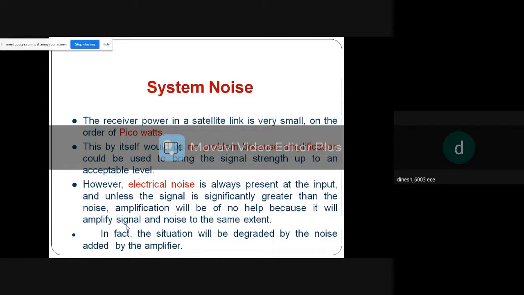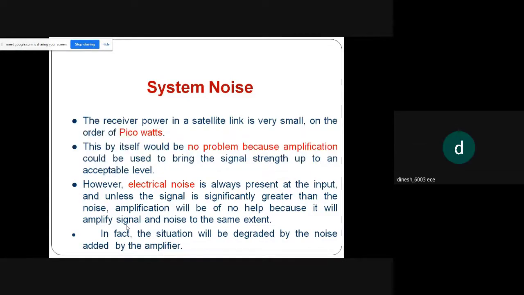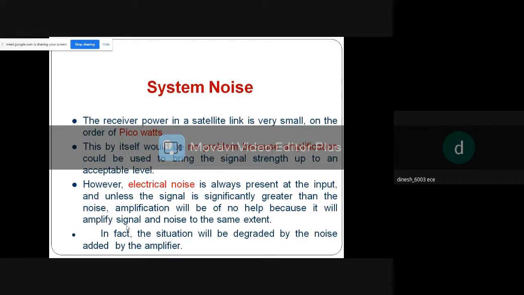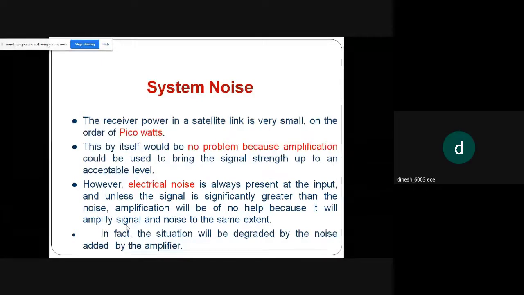This by itself would not be a problem, because amplification can increase the signal strength up to an acceptable level. During this process of upgrading the signal strength, we get some noise which we call electrical noise, which is inherently present due to the electrical equipment used for amplification.